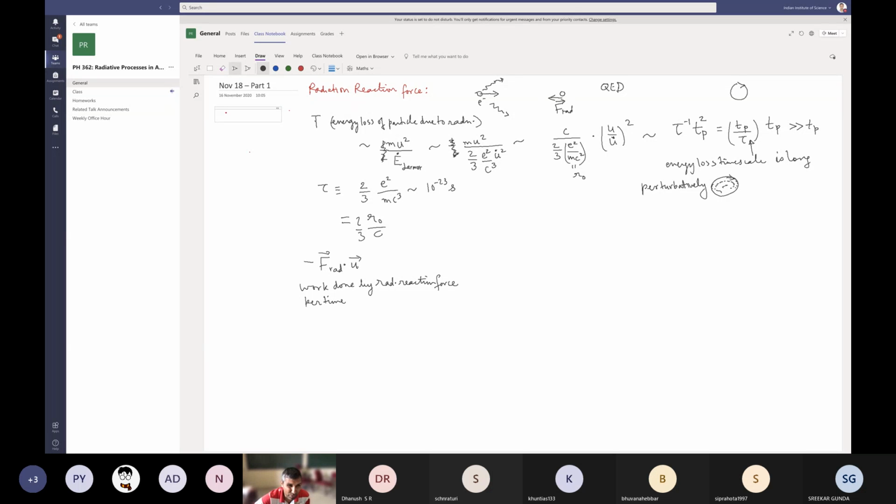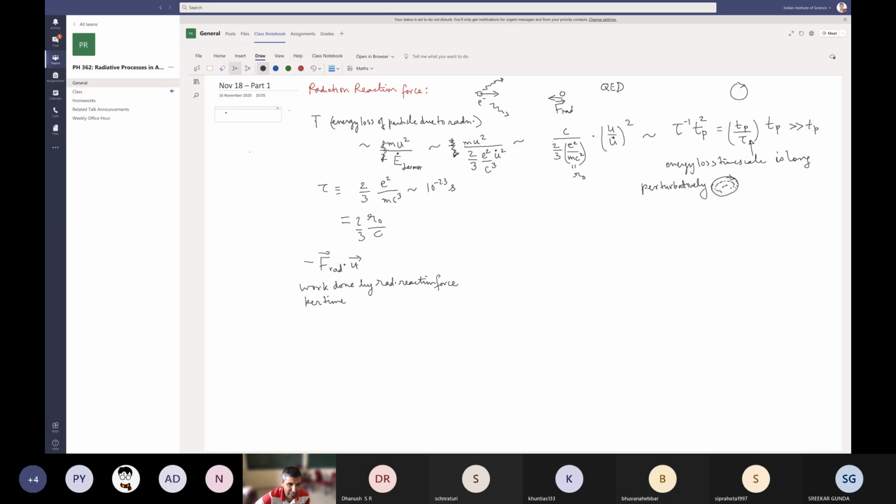So this is F dot v, and the force has to be opposite to the velocity, so this whole thing is positive. So work should be done by the charge, and because of that it should lose its energy.